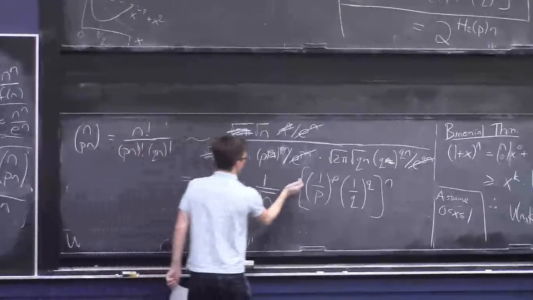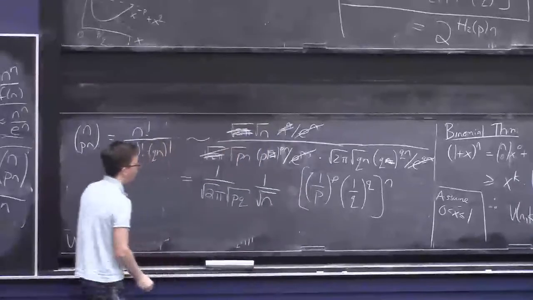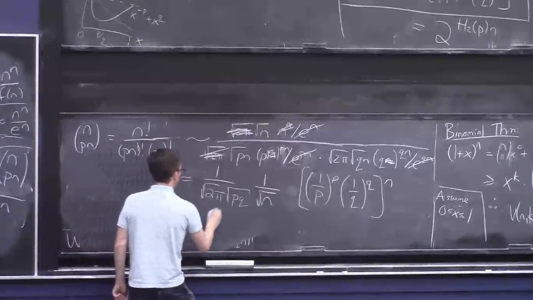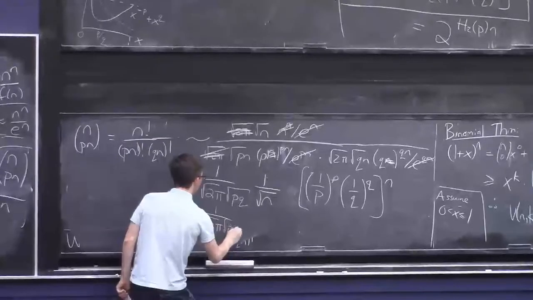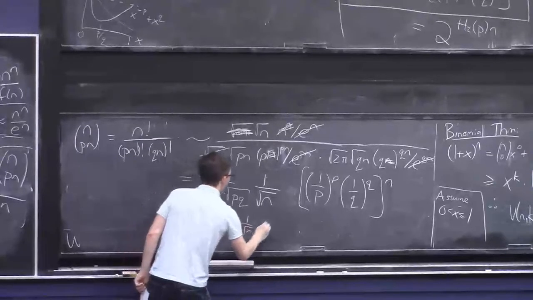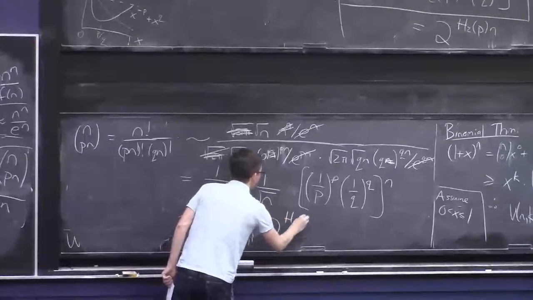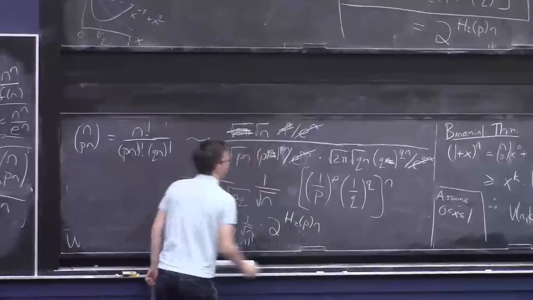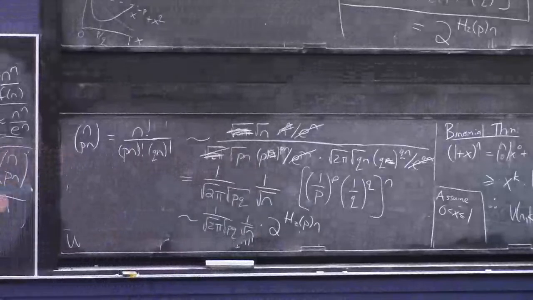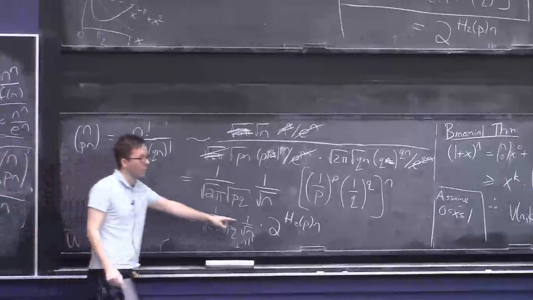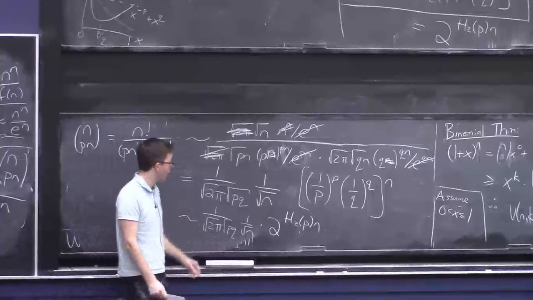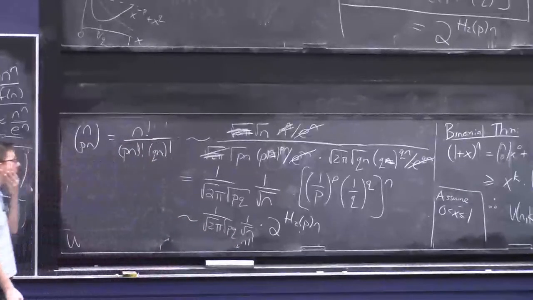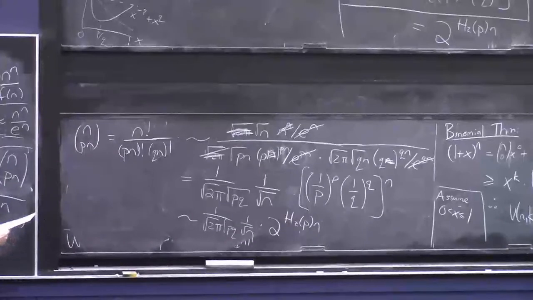So this is 1 over root 2 pi, root pq, 1 over root n times our entropy bound, 2 to the h of p times n. Okay, so our upper bound was like miraculously close. It was only off by a factor of 1 over root n. And this is exactly asymptotically accurate for every constant p and q.